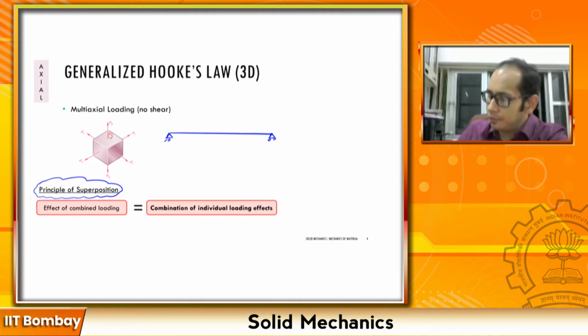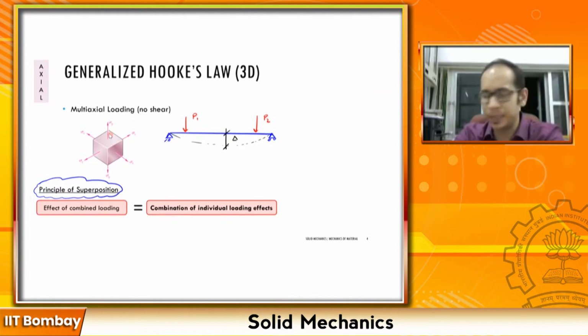Suppose I have on this beam two loads, say P1 and P2, and say my objective is to find, when this beam deflects, suppose this is my deflected shape of the beam, what is my deformation at the center.